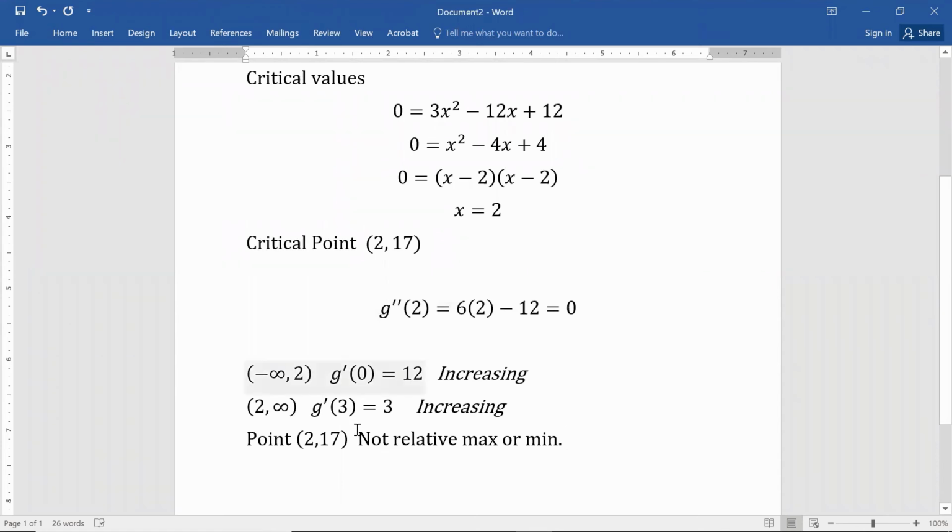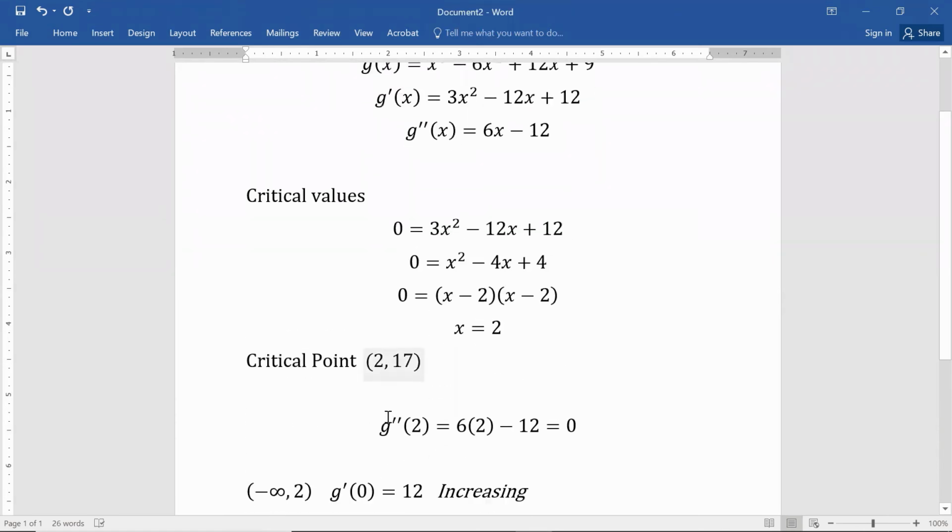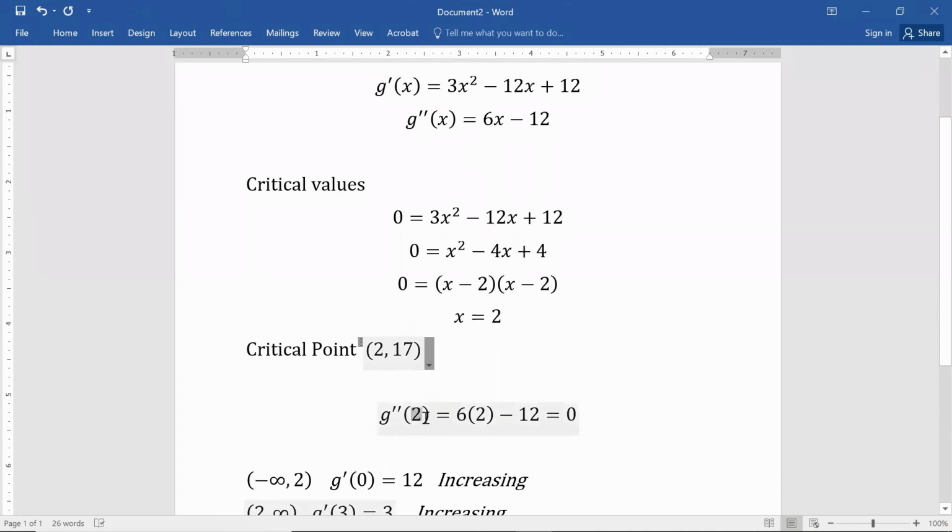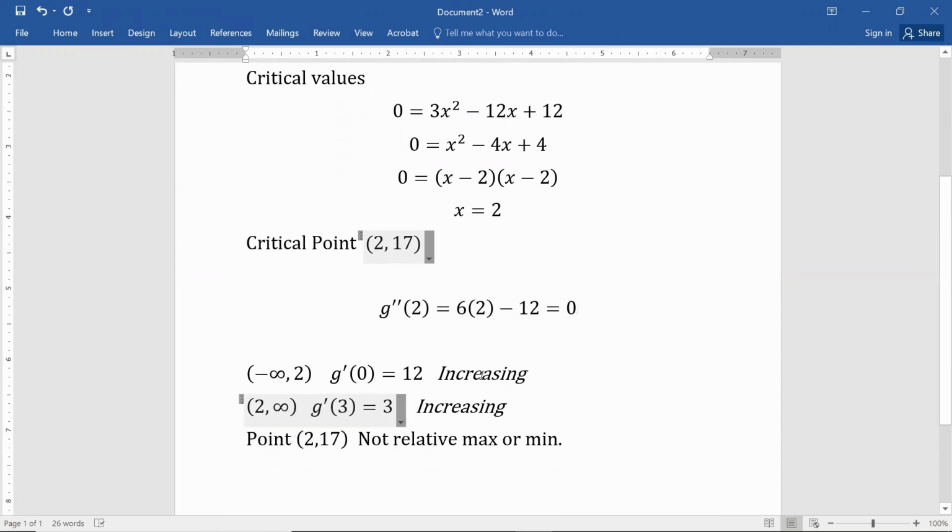If you look further at what's happening, notice that by plugging 2 into my second derivative, I got a 0. Since we're going from increasing to increasing, and we have a continuous function, and plugging in 2 gave me 0, that tells me that we have an inflection point there.